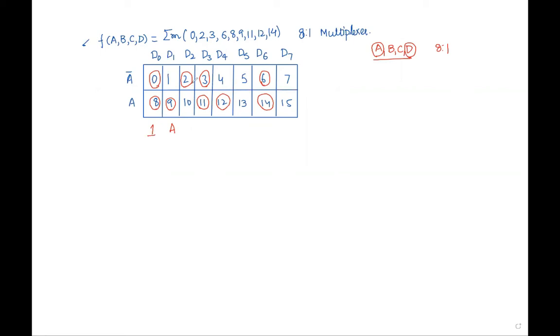Those which are encircled are 1, and those which are not encircled are 0. So that gives you A bar, and 1, 1 will be 1. Then 0, 1 is A, 0, 0 is 0, and 1, 1 will be 1, 0, 0 will be 0.